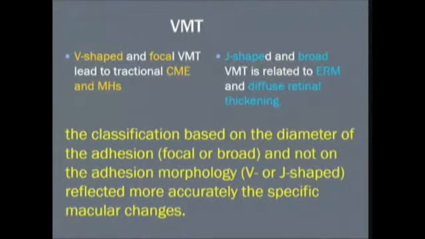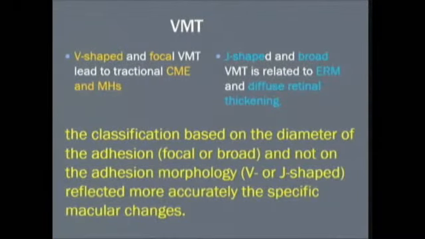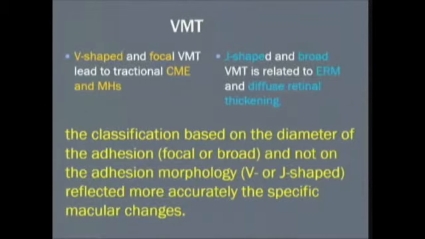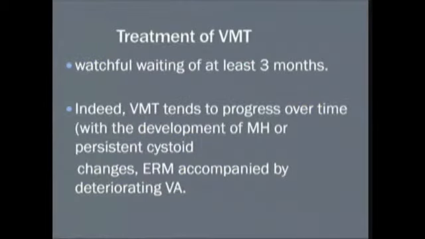So the classification is based on the diameter of the adhesions, focal or broad, and not on the shape, because the adhesions can give more specific macular changes, and it orients us to the pathology.